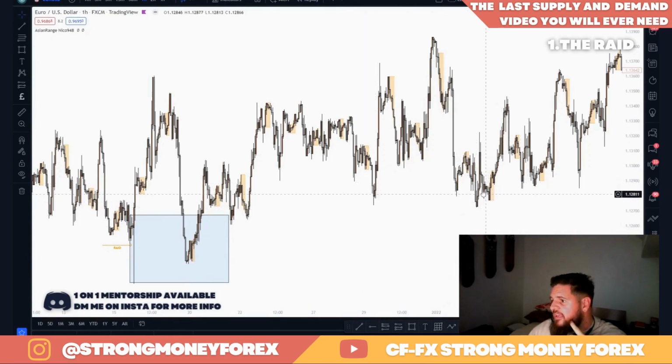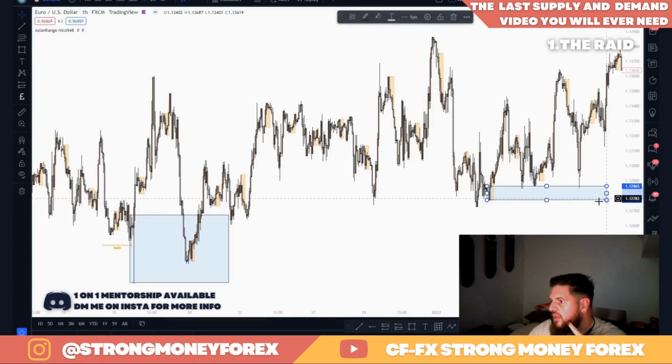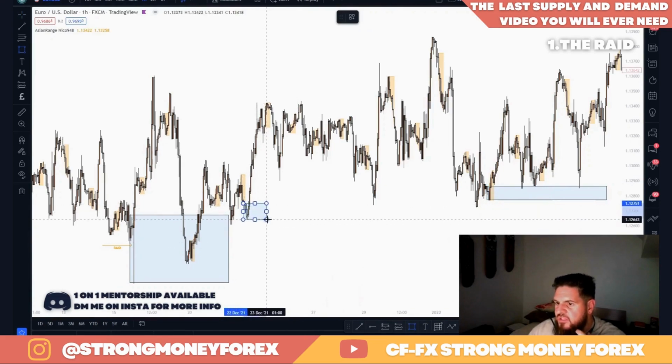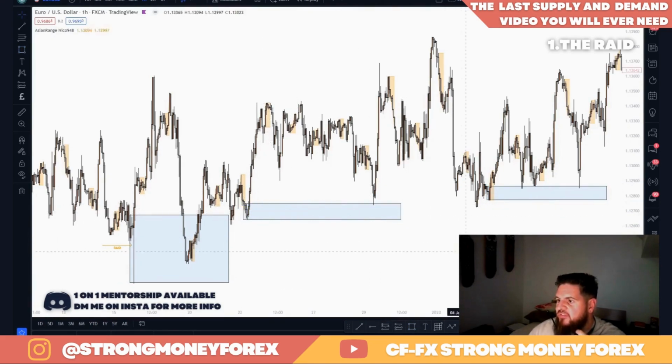This technically here is a demand zone, okay? It's got a very small raid, but you will get them all over, where that's one as well. You will find them all over. You'll find these moves that just kind of shoot up. That technically is one as well. These are all demand zones. Anywhere that you see an extreme reaction from is technically a supply or demand zone.